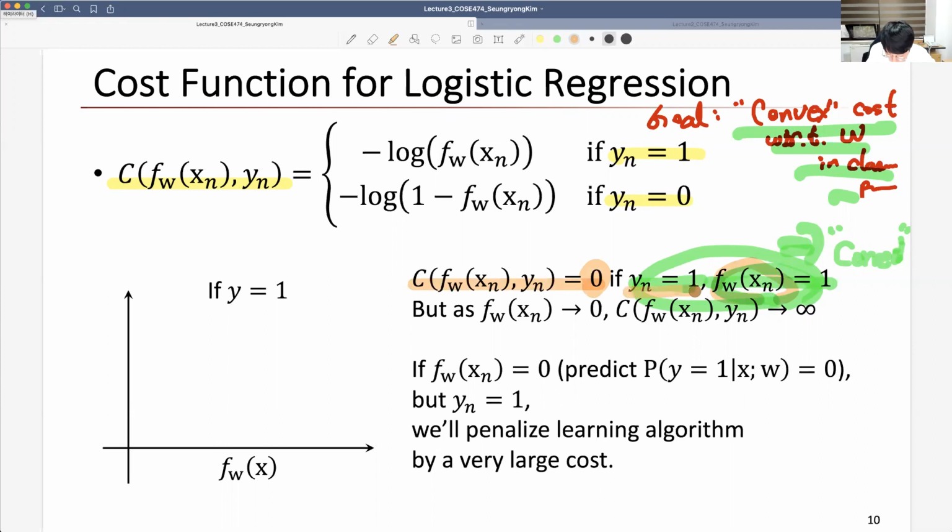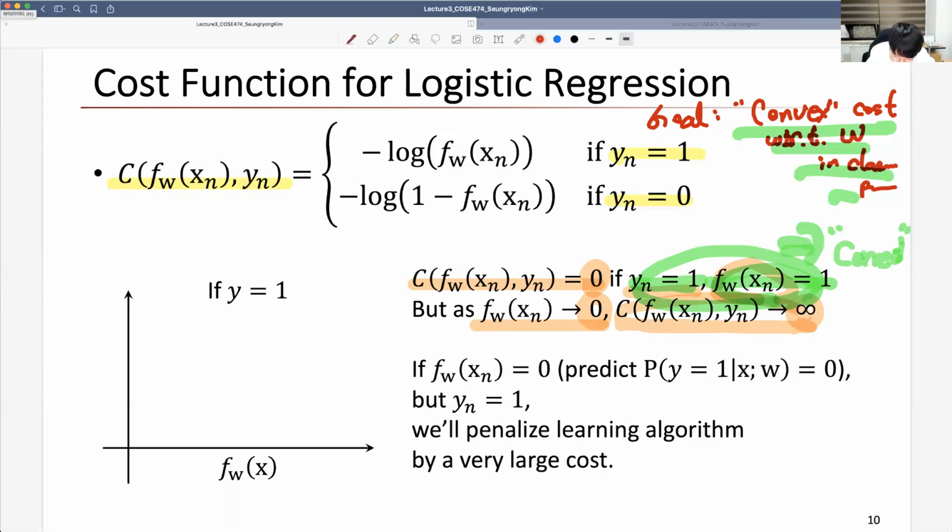However, if the ground truth yn is equal to 1, but the output of our prediction is going to 0, in this case it's not correct. It's not an optimal mapping function, right? So the cost of this mapping function should be large enough.